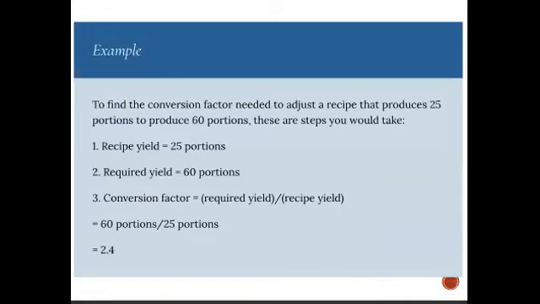So your conversion factor will be the required yield, which is 60 portions, divided by 25 portions. So 60 divided by 25 will be equal to 2.4. That will be your conversion factor. What do you do with that number? Now you're going to multiply every amount of the ingredients in the original recipe by 2.4 in order to get a 60 portion yield.